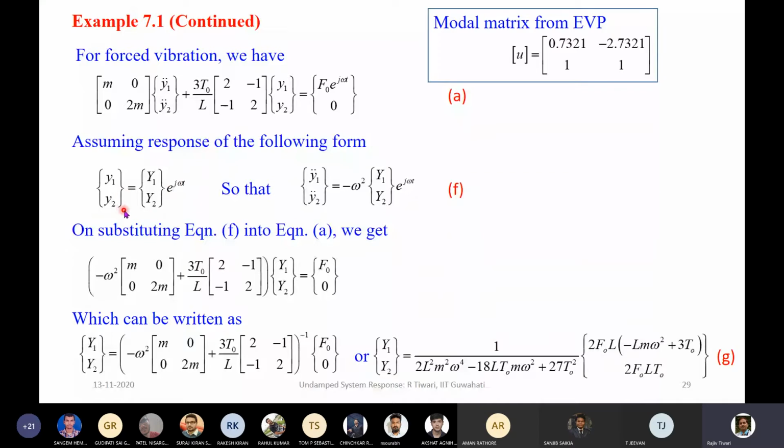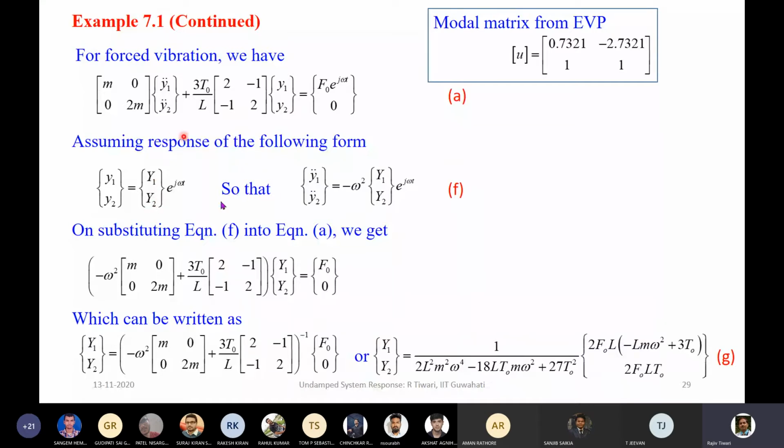They are not time dependent, only this term is time dependent. Now if we take the derivative of this twice, because in the equation of motion we have that, only this will get differentiated and we'll get minus omega square, because of the j, the imaginary part, j square will give minus 1. Now we'll substitute the assumed response in this equation and try to get capital Y1 and Y2.